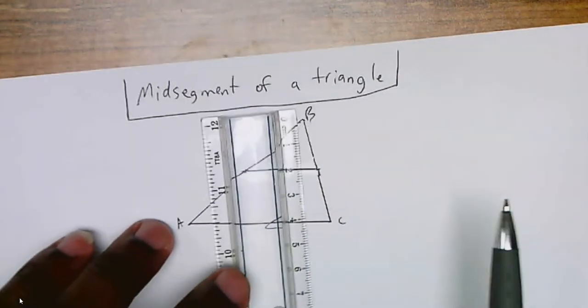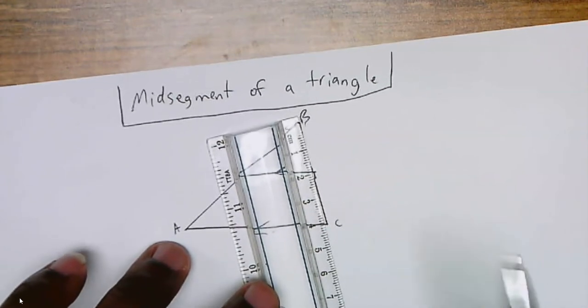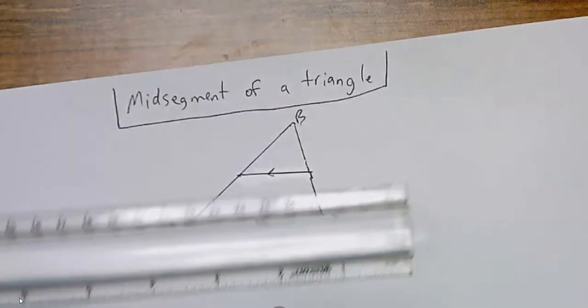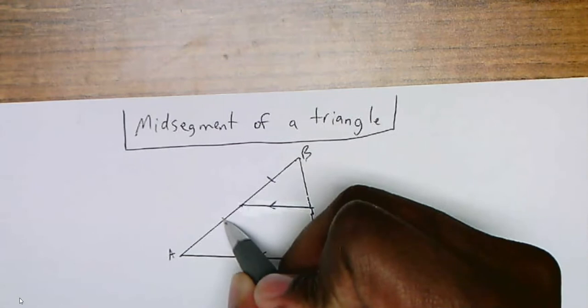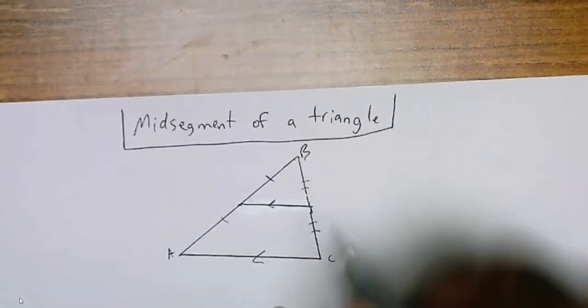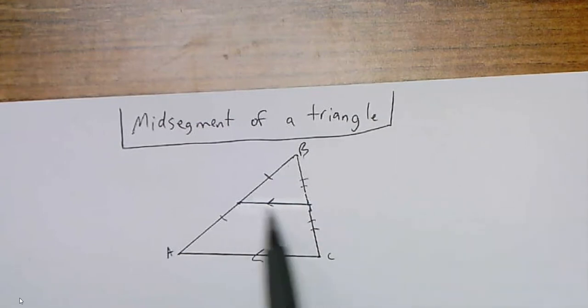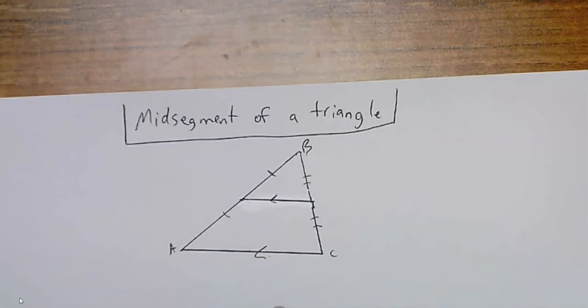I measured this side to be about 4 centimeters. So I tried to mark that about 2. And I connected 2 dots, making a midsegment. So I know that these 2 parts are congruent. These 2 parts are congruent. I know these 2 lines will be parallel. And also I know this length is half of that one. I can measure it, but I can prove it too. Alright, let's put that to use.